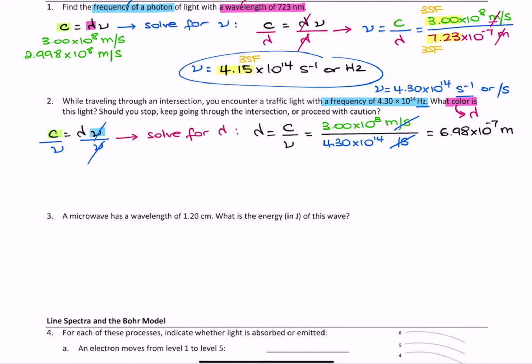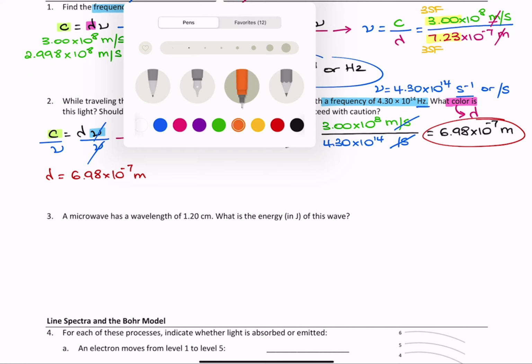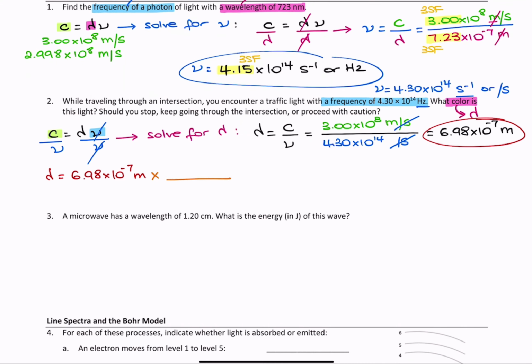That's your lambda. Remember that your electromagnetic spectrum is given to you in nanometer. So we need to convert this lambda into nanometer. 6.98 times 10 to the negative 7 meter. Chapter 2, we're going to cancel the meter, convert to nanometer.